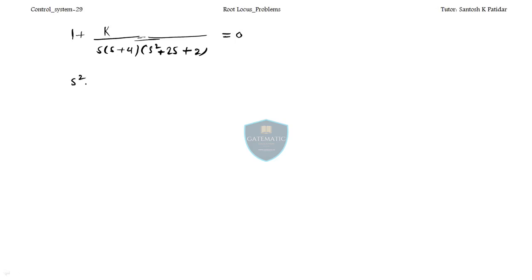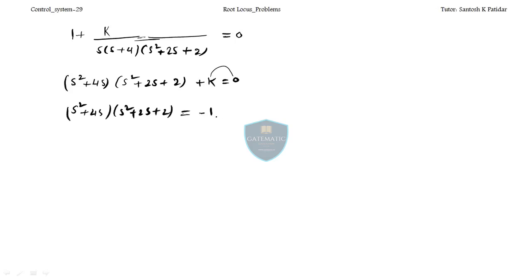I'll multiply through: s(s plus 4)(s squared plus 2s plus 2) plus k equals 0. This k you take to this side, everything else to the other side: s(s plus 4)(s squared plus 2s plus 2) equals minus k.